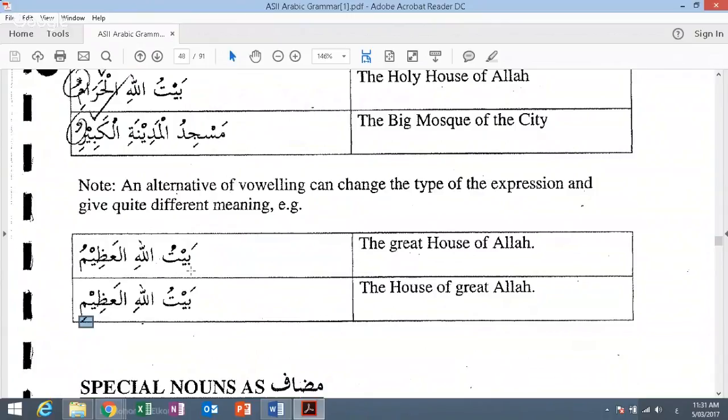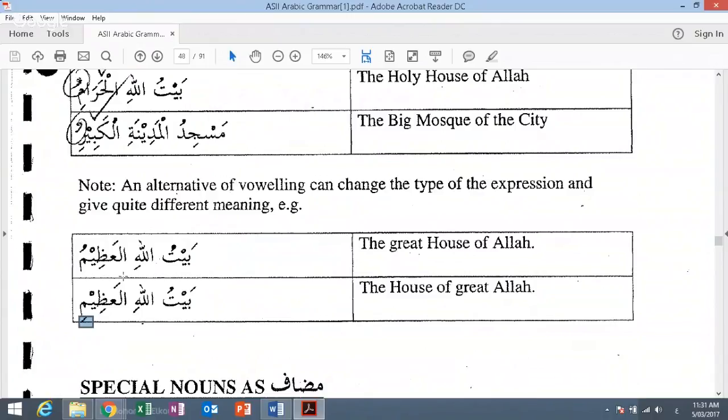Otherwise, in both phrases, before the murabba, before the harf jar. Okay. Same thing. So now we have to see fi baitillahi al-azim. Depends. So what do you mean? Okay, so if you mean Allah, great Allah, depends.